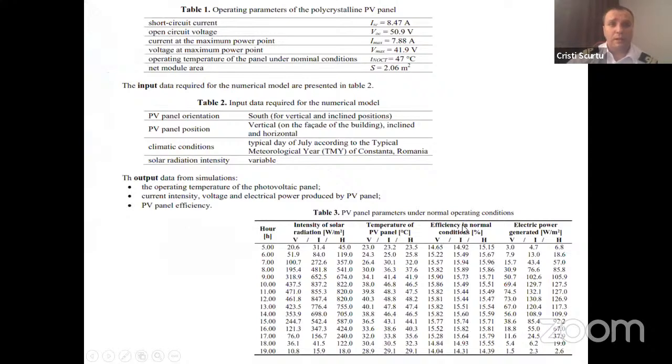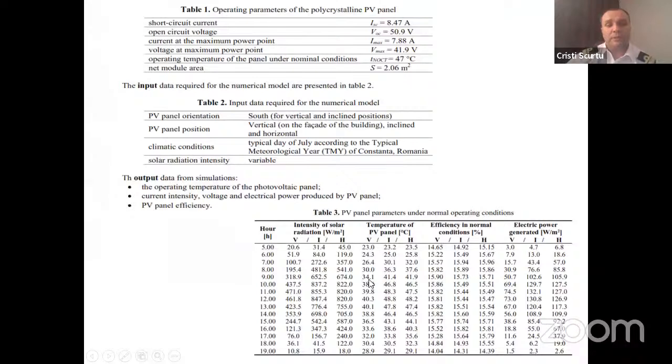So these are some results, and I'll give you some values. The maximum power point is at a current intensity of 7.88 amperes, and the net module area has a surface of 2.06 square meters.